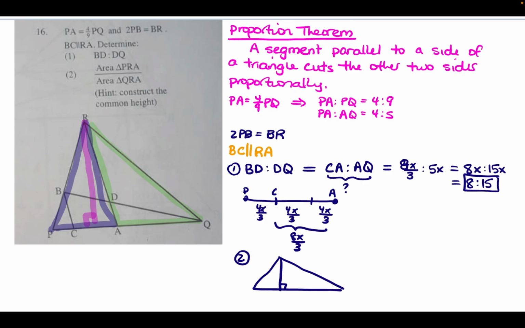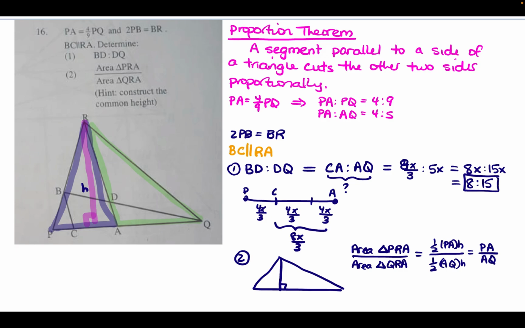So the ratio of those areas, the area of triangle PRA over area of QRA, equals 1/2 the base, which would be PA, times the height, which I'm calling H, over 1/2 the base, which is AQ, times the height, which I'm calling H, and so that is just equal to the ratio of the bases.